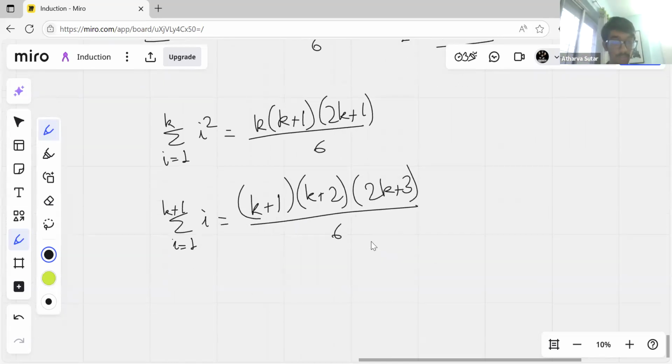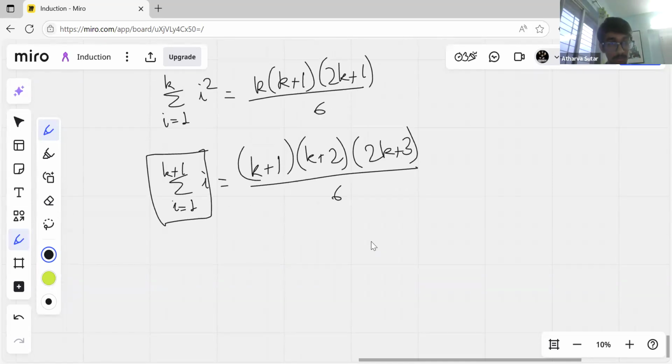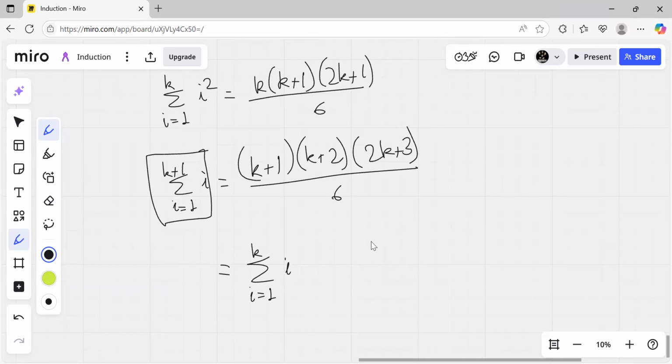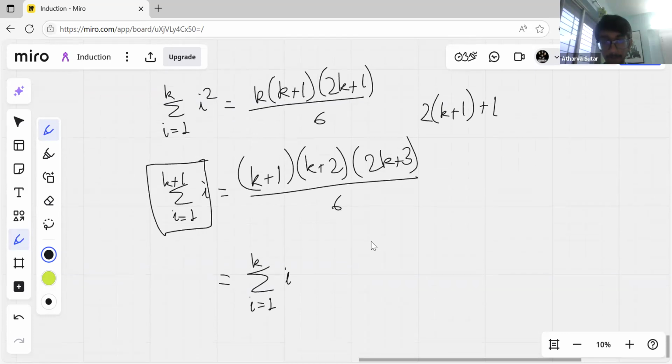But now notice that the LHS is basically equal to... Won't it be 2k plus 2? No, 2k plus 3, like this is 2 times (k plus 1) plus 1. Oh, okay.